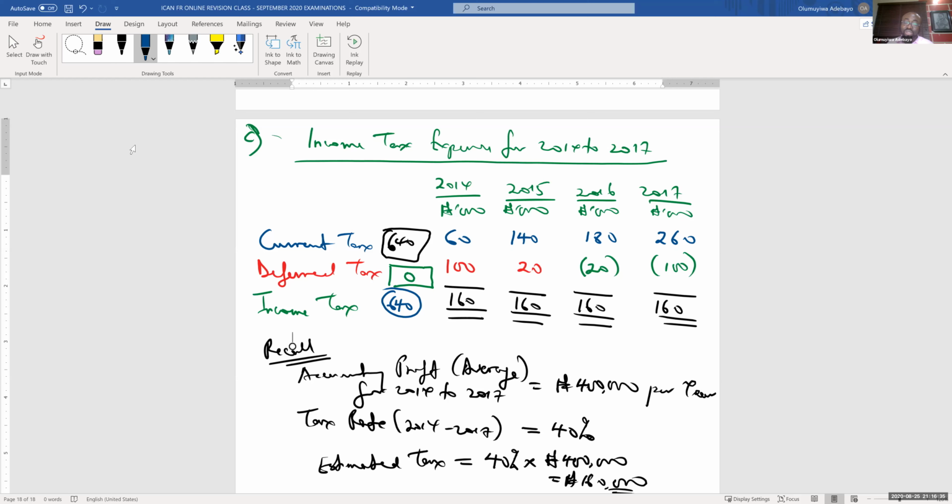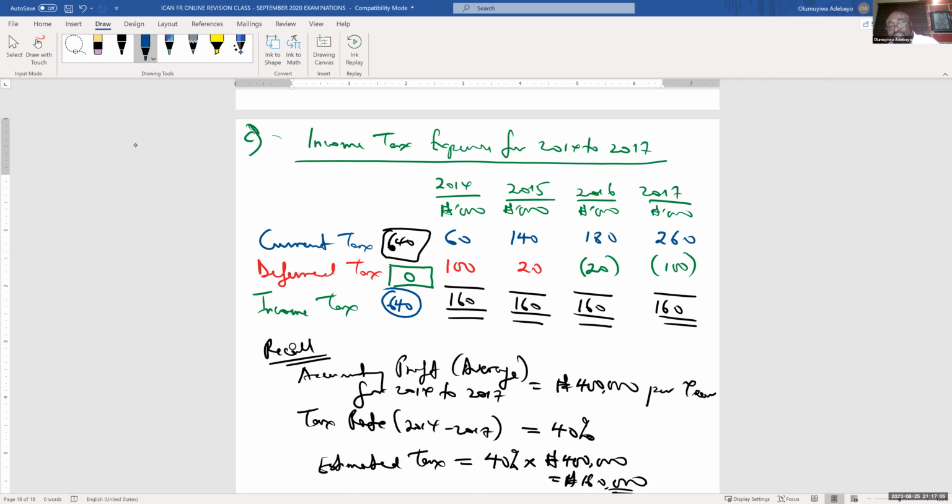I'll take 20 out of it and use it to reduce the amount of tax, even though I'll pay government 180. I go back to the provision to release 20 out of it because I've already provided for it and it has now crystallized. So that the impact of the tax will be 160 in my account, even though I paid 180.